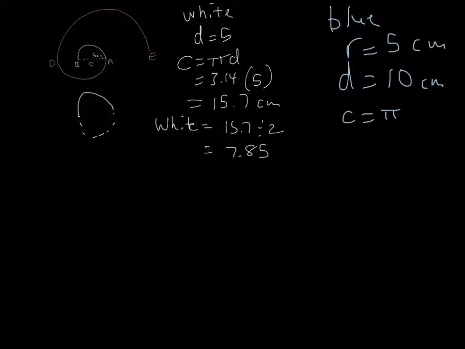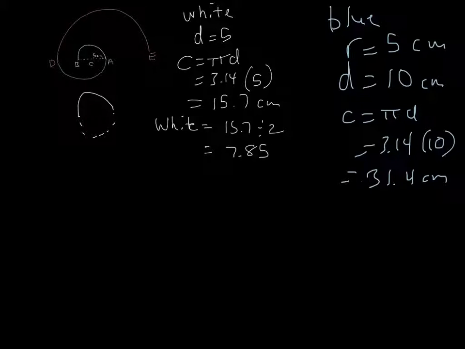Circumference equals pi times diameter equals 3.14 times 10 equals 31.4. Sorry, 31.4. That is awful. Let's see if I can erase that. 31.4. It's not letting me write. There we go. 31.4 centimeters.